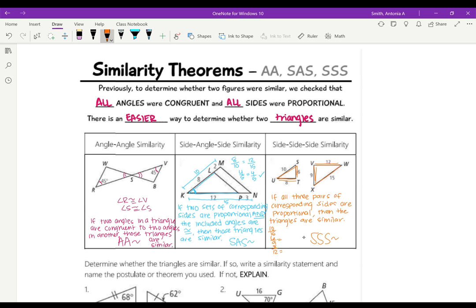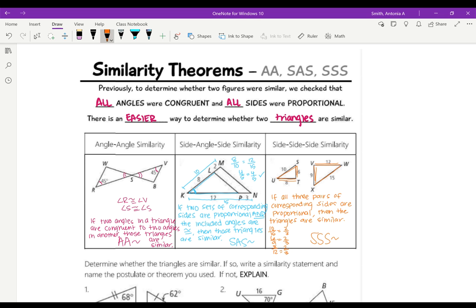We want to see, do they all simplify to be the same thing? Well, if I divide 10 and 15 by 5, I get 2/3. 6 and 9 divide by 3 is 2/3. And 8 and 12 divide by 4 is 2/3. So these are all the same ratio. We have side, side, side similarity, which means we don't have to check the angles as well.